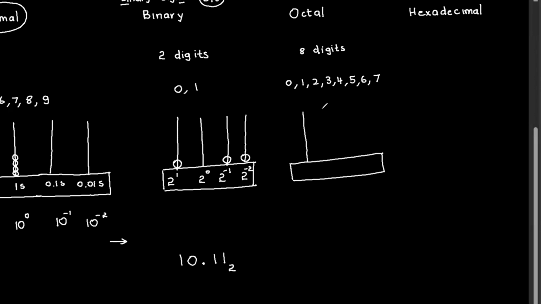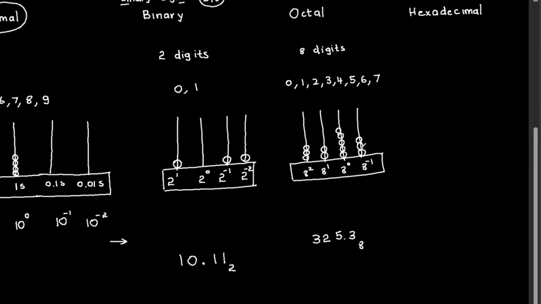Let's say I put 8 to the power 2, 8 to the power 1, 8 to the power 0, and 8 to the power minus 1. If you draw 3 beads here, 2 beads here, 5 beads here, and finally 3 beads here, the number represented is 325.3 to the base 8.